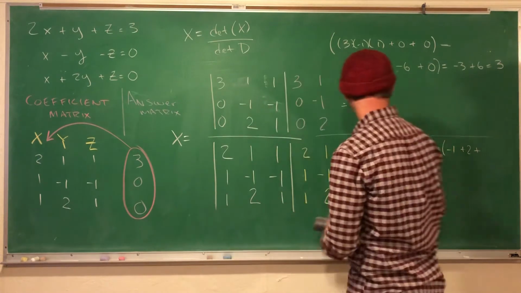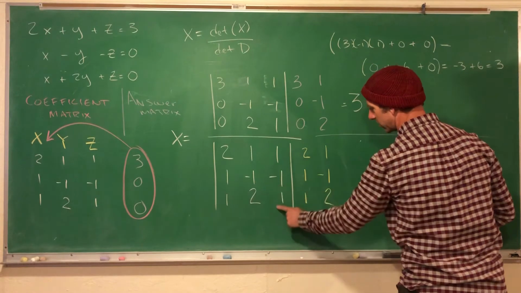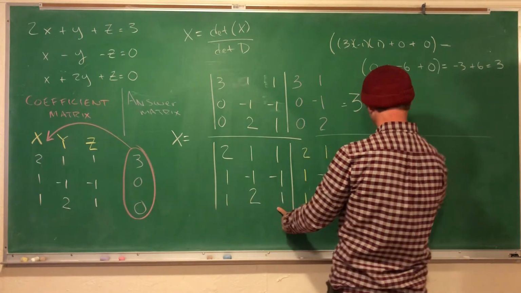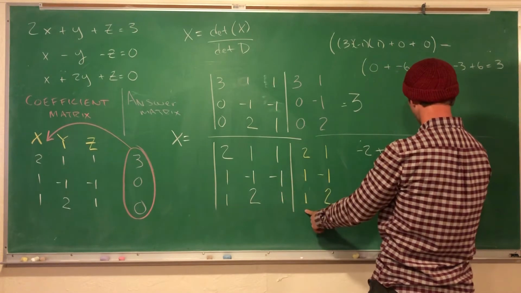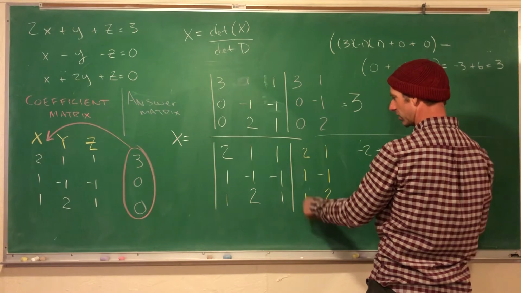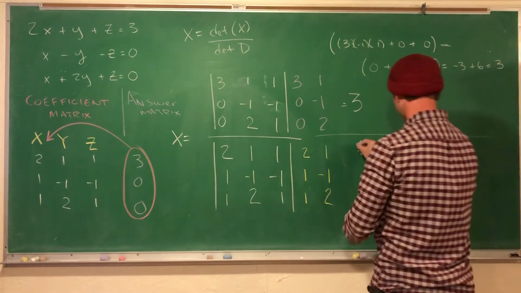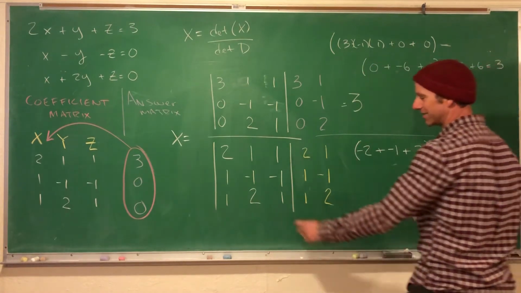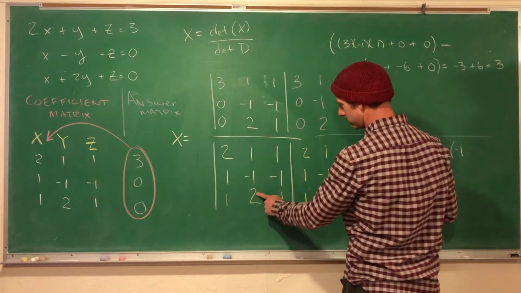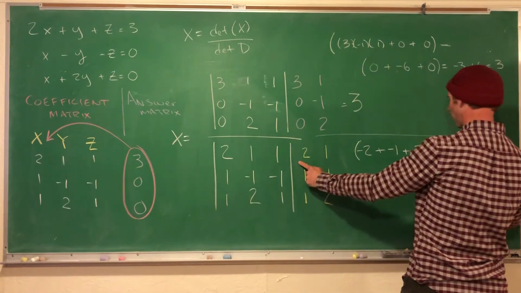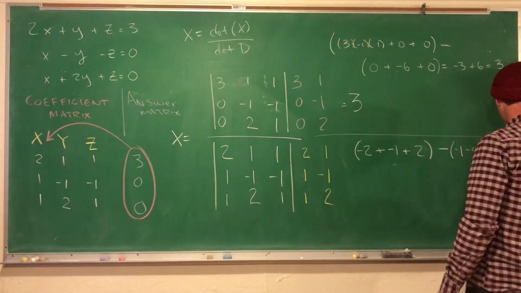Sorry, I messed up here. Let's try this again. So 2 times negative 1 times 1 is negative 2, plus 1 times negative 1 times 1, plus 1, 1, 2, minus negative 1, minus 4, plus 1.